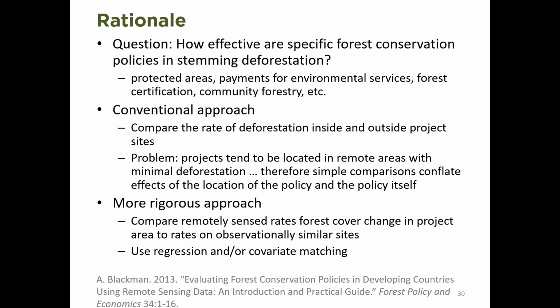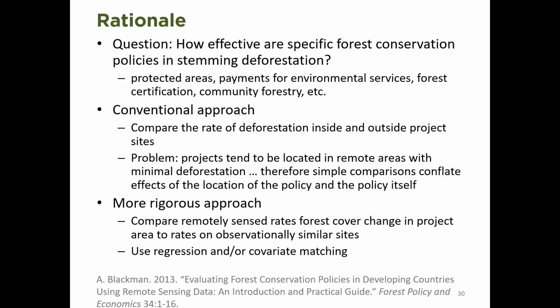So, for example, protected areas tend to be located in remote places at high altitudes where there's not a whole lot of deforestation. Therefore, if you use this conventional approach, comparing what's going on inside and outside policy areas, you tend to get biased results.